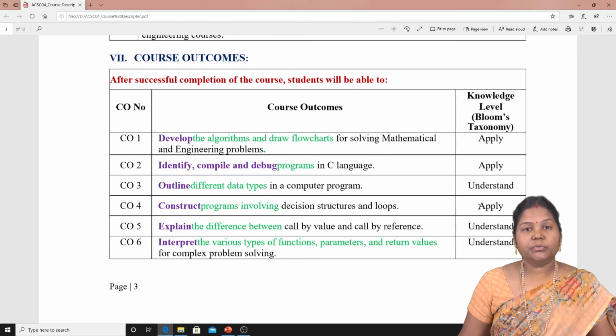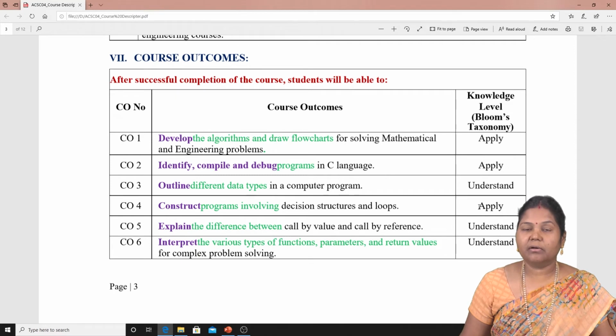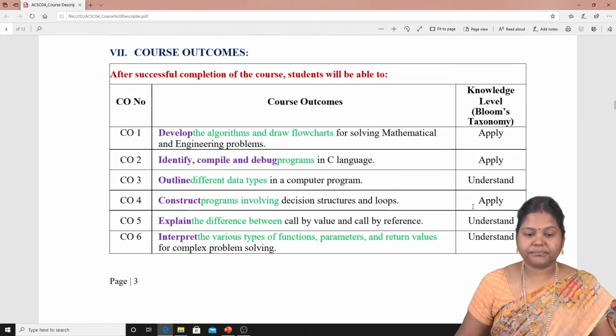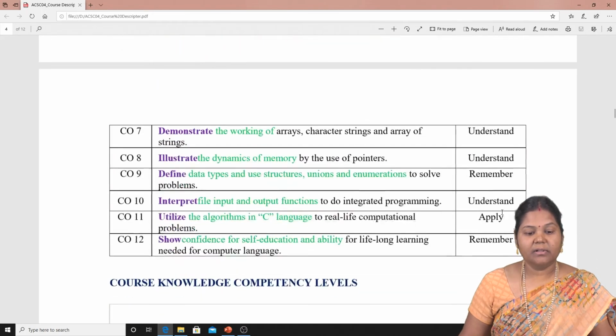And students should interpret the various types of functions, parameters, and return values while using the function concept for solving engineering or complex problems. Next, the student should demonstrate the working of different types of arrays, single dimensional and multi-dimensional arrays, and how to use character strings and arrays of strings for solving problems.